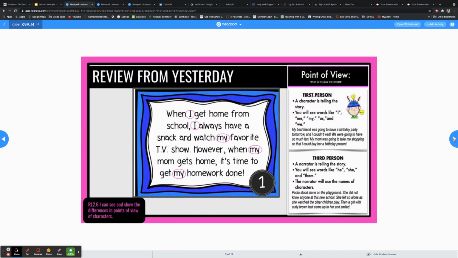So, review from yesterday. We've talked a little bit about this yesterday, and we're just going to go over it quickly. For the first person point of view, who's telling the story? Well, a character is telling the story. That's the first person point of view. You will see words like I, me, my, us, and we.